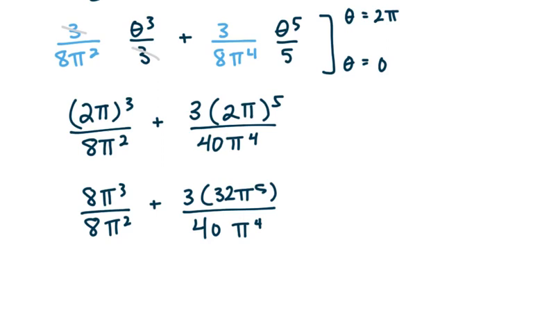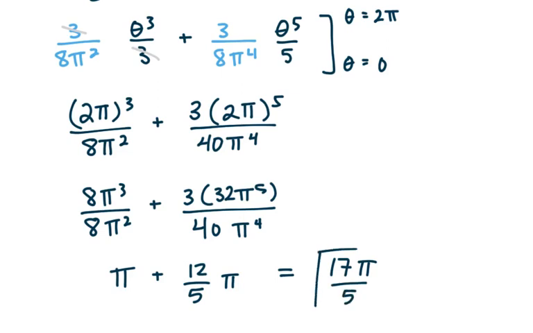The 8 and 2 of the pi's cancel, so this first term just turns into pi. And 3 times 32 divided by 40, that's going to give us 12/5. And I'll have 1 pi in the numerator, so plus 12/5 pi. And we end up with 17 pi over 5. That is the answer when we evaluate this triple integral in cylindrical coordinates.